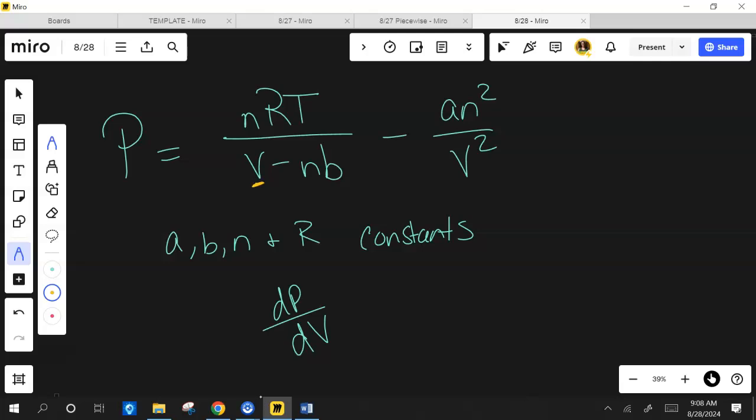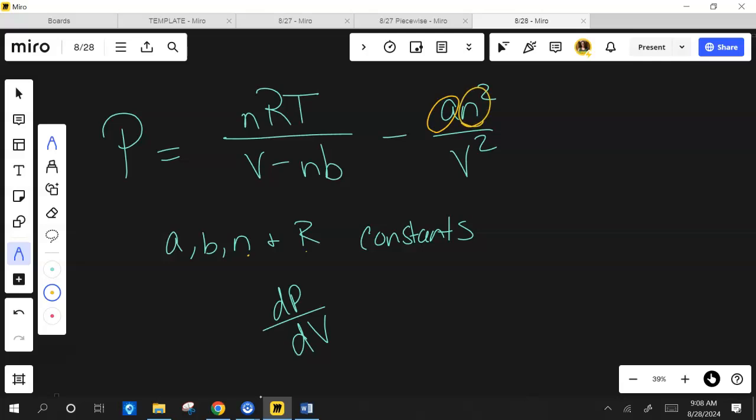This is like my X and this is like my Y. If this was Y equals this and this is an X and this is an X. Find the derivative, okay? Now, P is like your Y, V is like your X, okay? A, B, N, and R are all constants. I'm going to circle those so you see. There you go. You're exactly right. That's what Sunny was saying earlier.